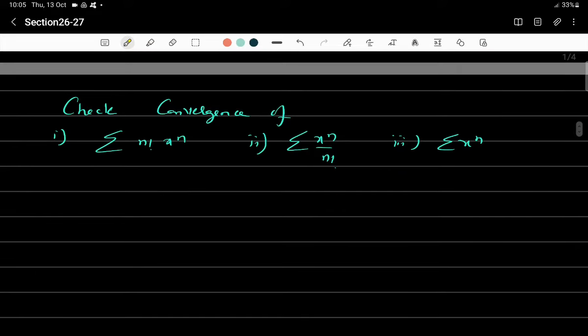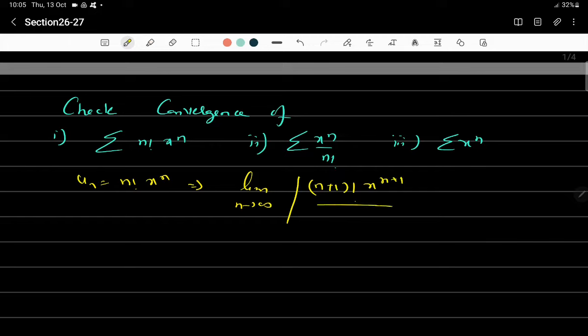So let's say we need to find the convergence of a series where u_n is n factorial x raised to the power n. From the ratio test, the limit as n tends to infinity of (n plus 1) factorial x raised to the power n plus 1 divided by n factorial x raised to the power n should be less than 1.